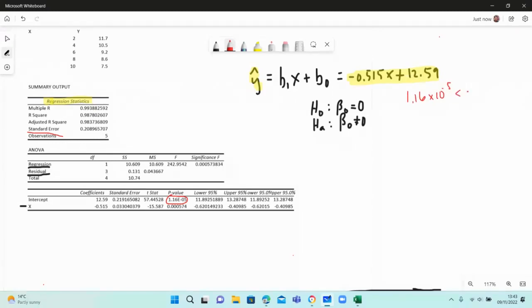And this is very much less than, again, the standard assigned level of significance, which is 5%, or in real terms, 0.05. So we reject the null hypothesis and accept the alternative.